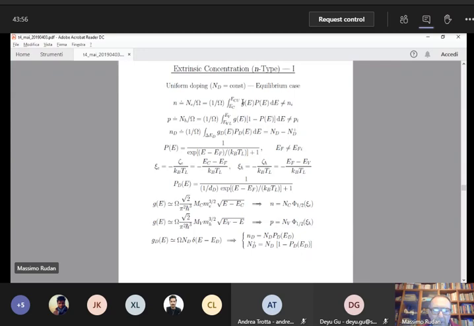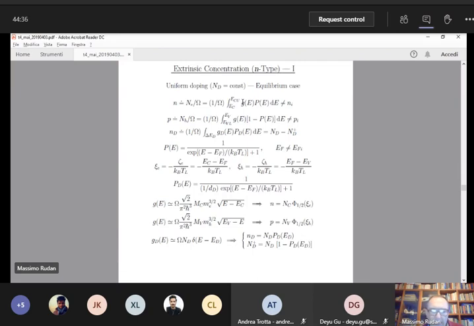When we perform the calculations for small n and small p, we have to use again the Fermi statistics. The Fermi statistics, you remember, is written in the middle of the page. And in this case, the semiconductor is not intrinsic anymore because there is a dopant in it. So the Fermi level here is indicated with E sub f without the suffix i that in the intrinsic case reminds you that the semiconductor is intrinsic.